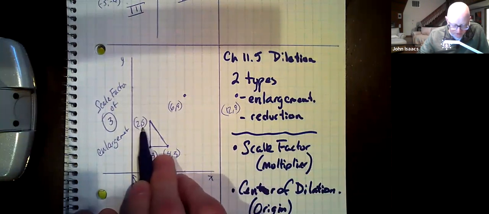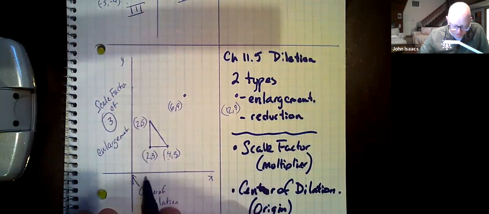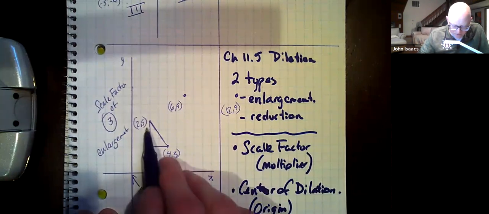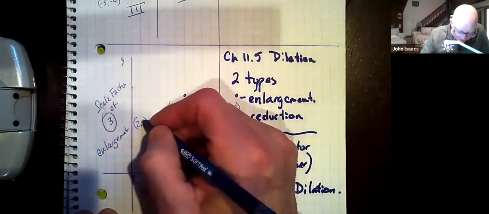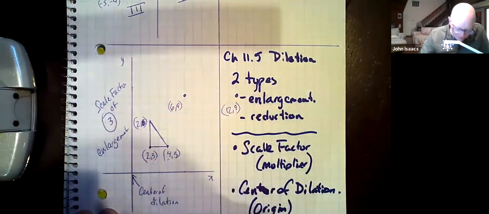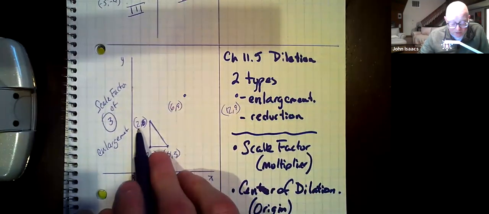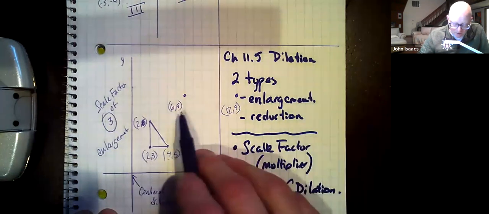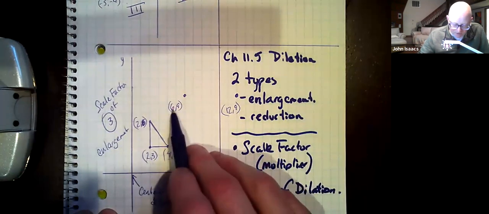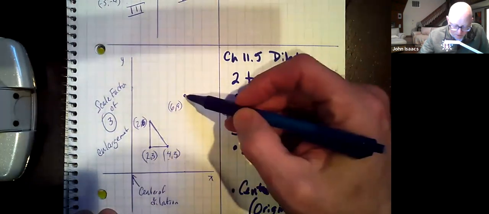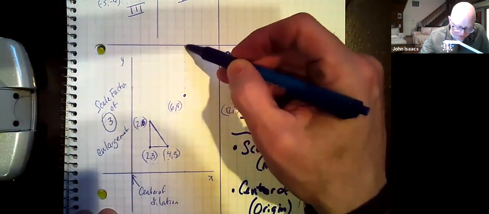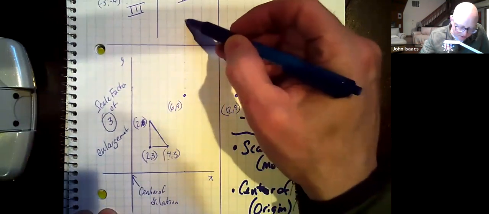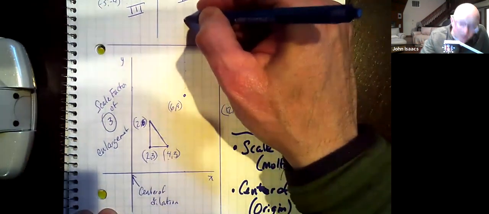Oh, this isn't 2, 5 though, is it? This is 2, 6. That's 2, 6. So this is going to be 6, 18. So if this is 6, 9, 6, 10, 6, 11, 6, 12, 6, 13, 6, 14, 6, 15, 6, 16, 6, 17, 6, 18. Here's 6, 18.